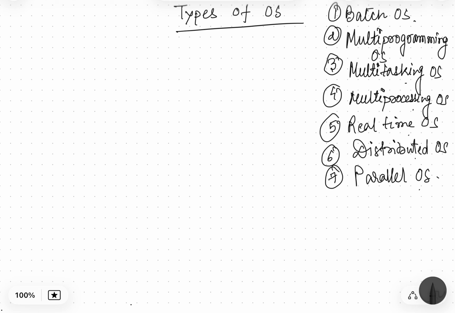So let's start with the first one, that is your batch OS. Batch OS is a non-interactive OS. First thing that you need to know is it is a non-interactive OS. By batch OS, what do we mean? That a batch of jobs are made and given to the computer so that it can execute.